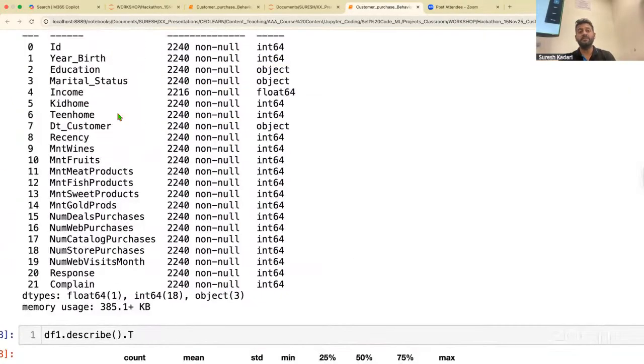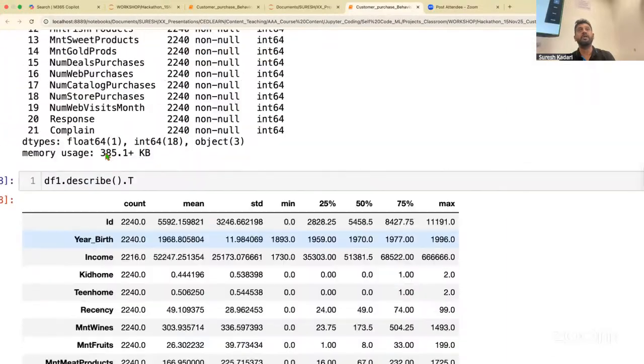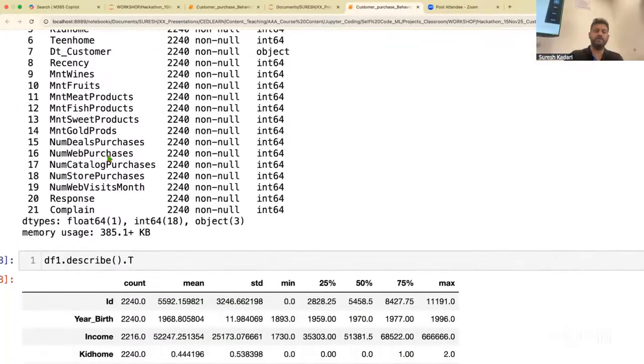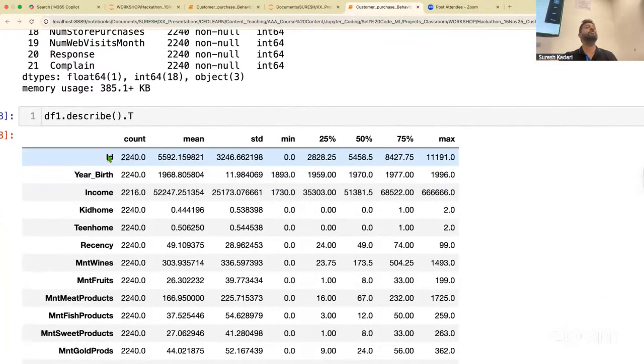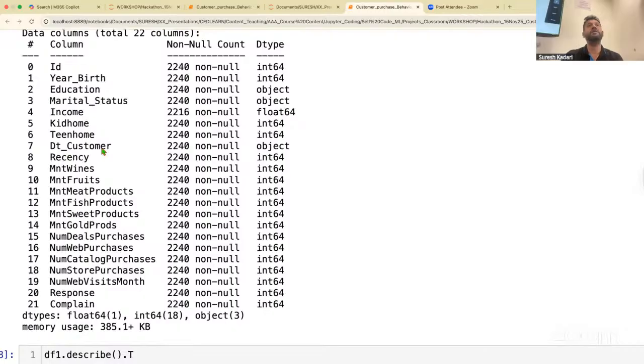What is the difference between info and describe? Very good. Describe will give you statistical analysis, and only for numeric data. But here I'm getting details about all the variables.